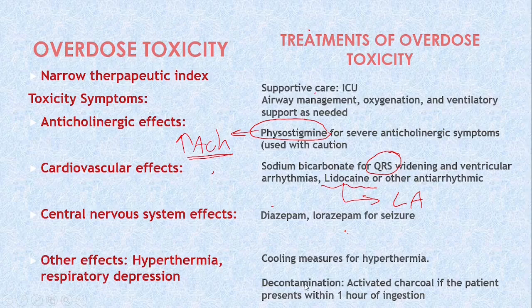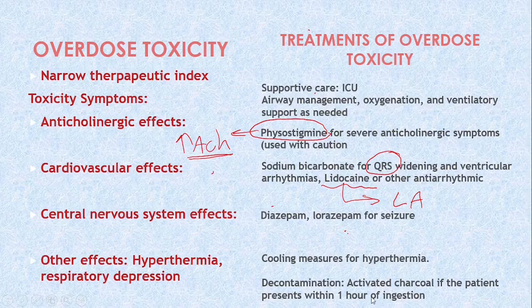If the person ingested the overdose less than 1 hour ago, in this case we can give activated charcoal, given orally. Activated charcoal will absorb the TCA in the stomach and prevent systemic absorption.